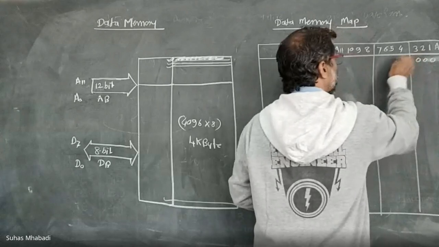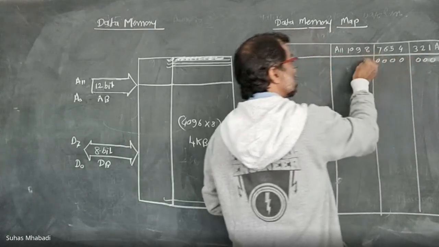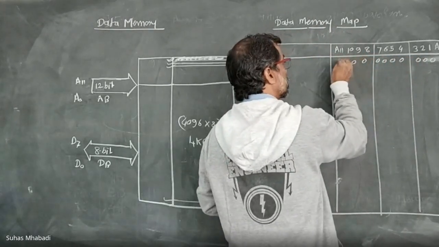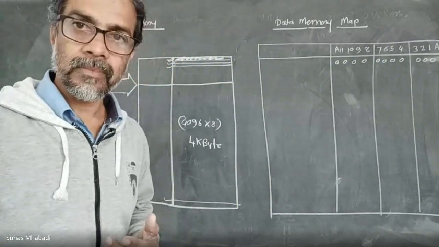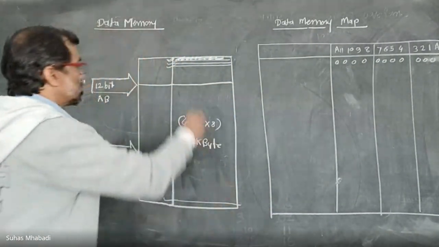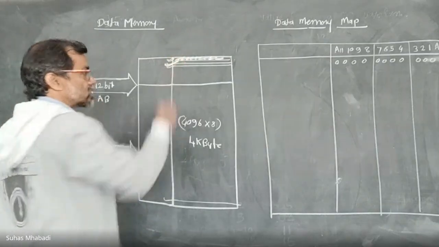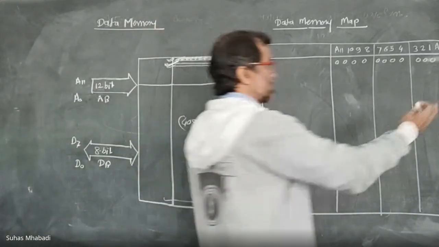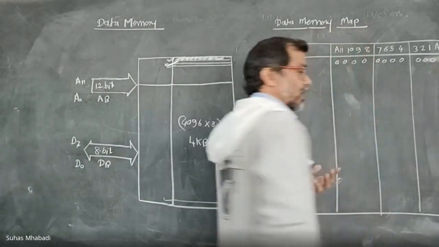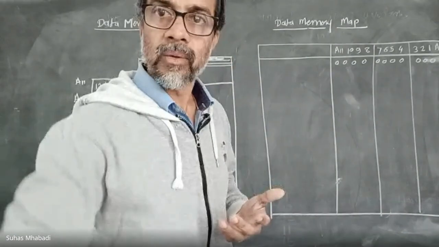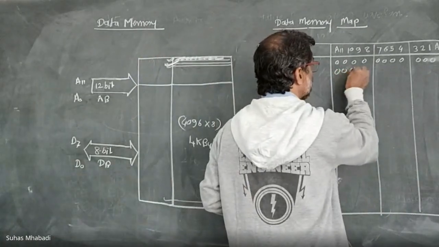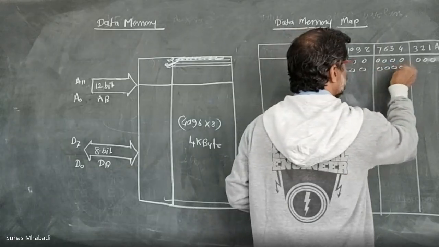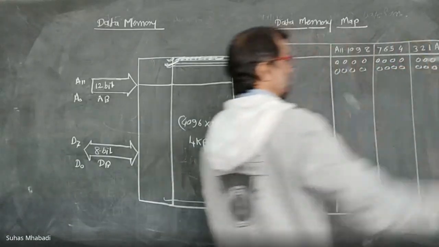All lines are 0 means we want to communicate with the very first register in the map. I hope it's clear. If I want to communicate with the next register, only the A0 line must be 1, and the other lines will be 0, and so on.